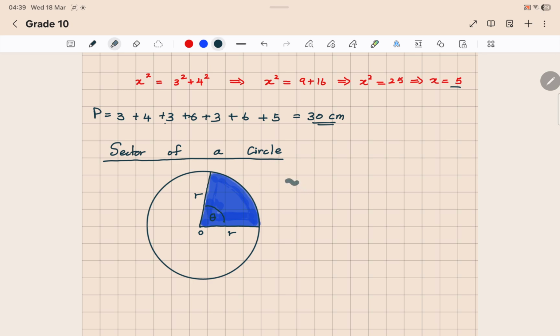So let me write that down: a part of a circle that is bounded by the two radii and part of the circumference is called a sector of a circle.